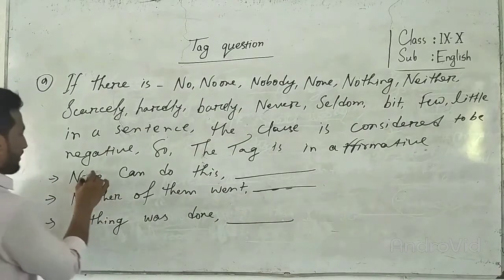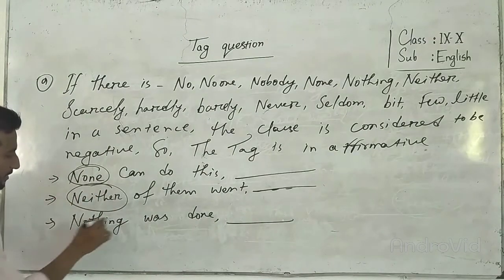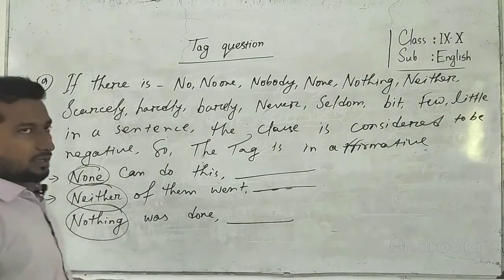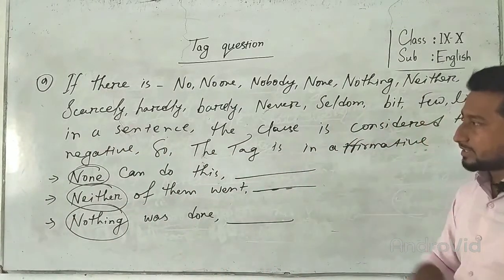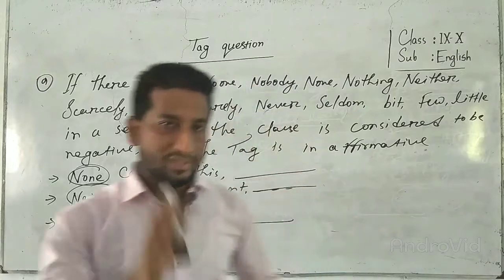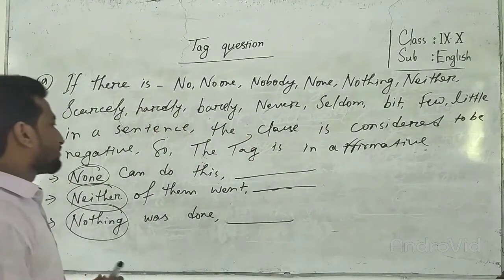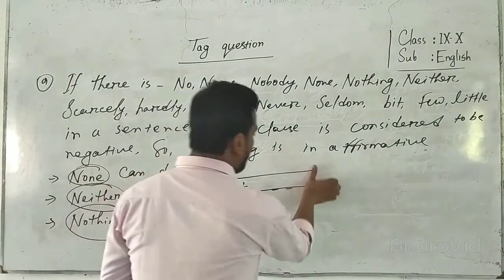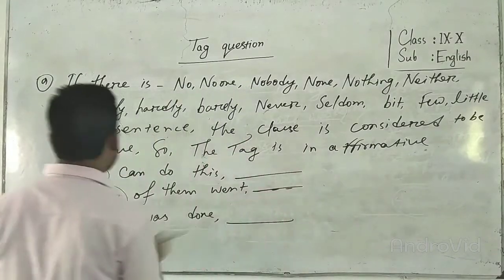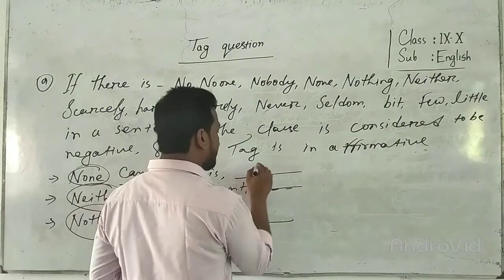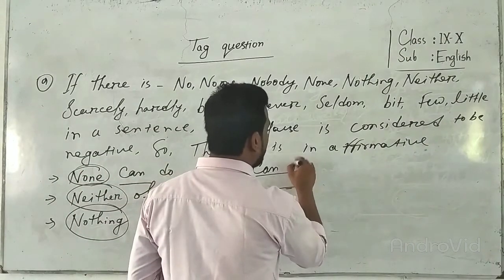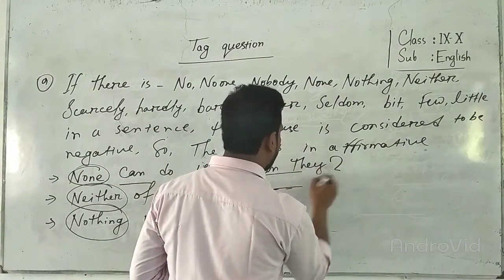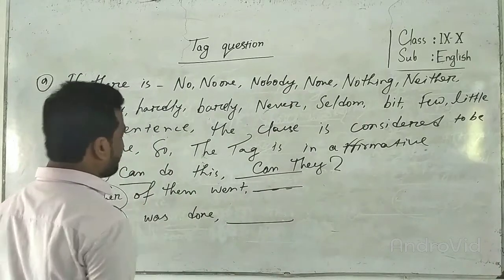Here the subject is none, here also neither, here nothing. These three examples are in negative form, so we have to put the tag in affirmative form. Here auxiliary is can, so here also can. The pronoun is they. Neither of them went.